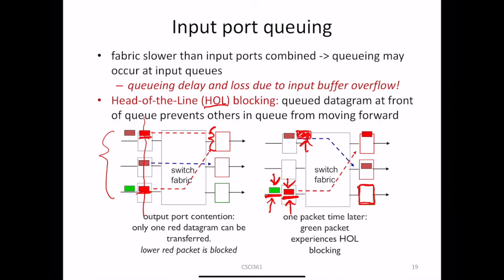So this green packet will experience HOL blocking as well, because the datagram in front experiences a queuing delay.